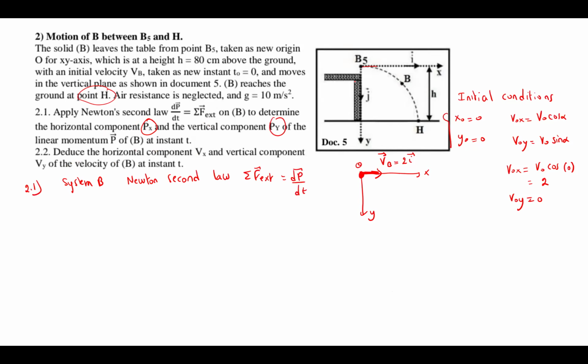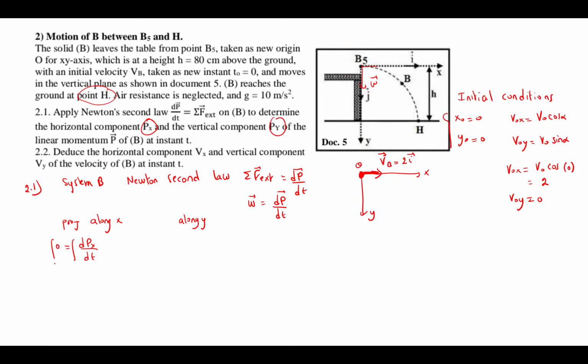Now, we have a projectile. This means that the only force acting on the object is its weight. So we have the weight of B equal to dP over dt. Now, we want to find Px and Py, so we'll do a projection along x, and another projection along y. Weight with respect to the x-axis is perpendicular, so it will become 0, equal to dPx over dt.